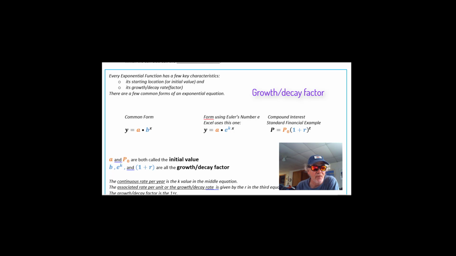In the common form, that factor is B. In the continuous form, that factor is e to the decay. And in the compound interest standard financial example, it's 1 plus r. And then it's raised to a certain amount of time periods or cycles, and that's the input x or t.